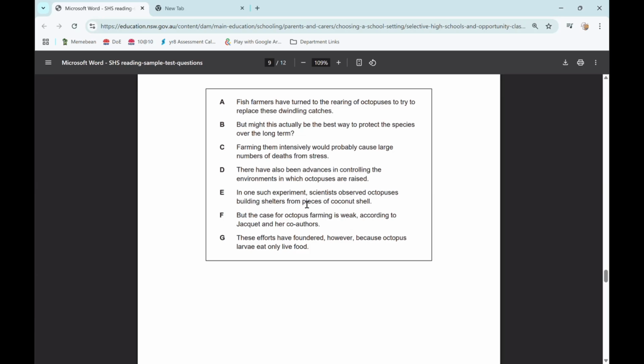Though these are similar, they are slightly different because it has to focus specifically on the octopus being intelligent. So it's not F. And then G, because octopus larvae only eat live food. G talks about food, which isn't what the extract for 15 is surrounded around. It's surrounded around octopus intelligence. So the only one that really fits best out of all of these is answer C.